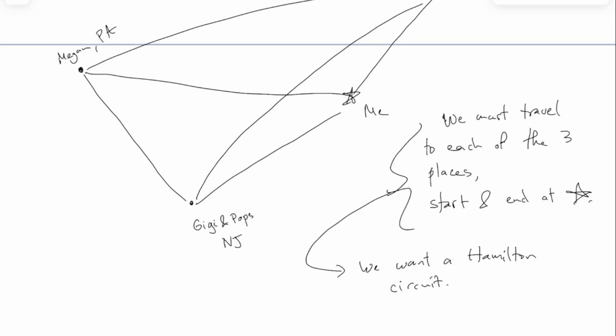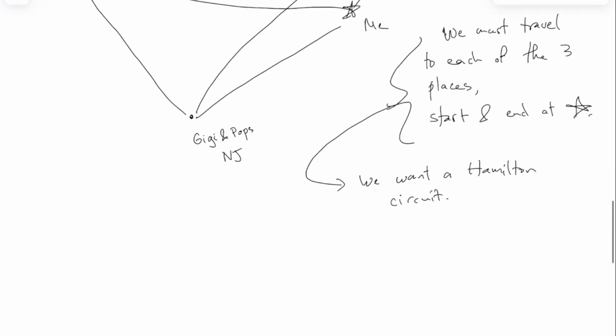And when you do this in real life, you don't just want any Hamilton circuit, you want the best one or the most convenient one. In this case, you would like to choose one which has the least amount of total driving time or the least amount of distance or something like that, all right?